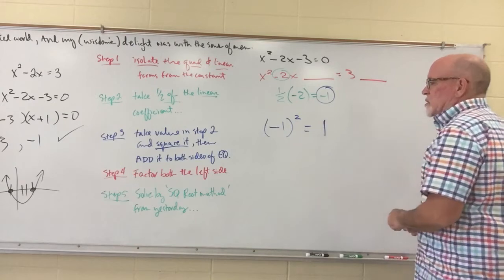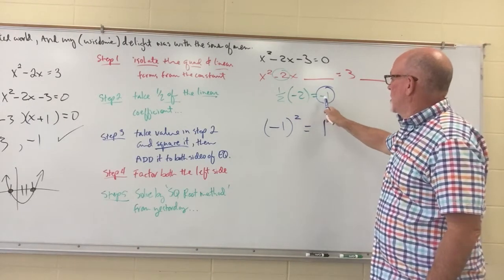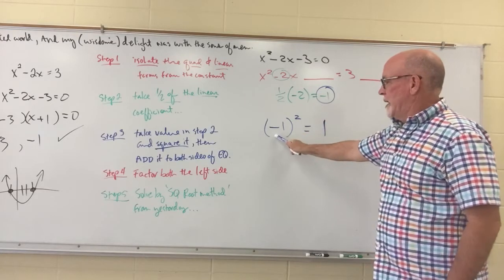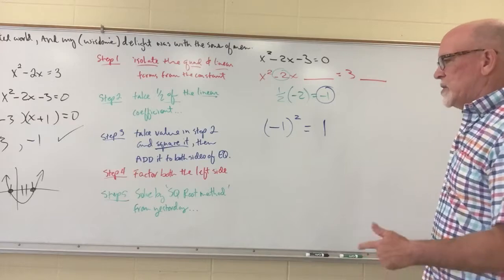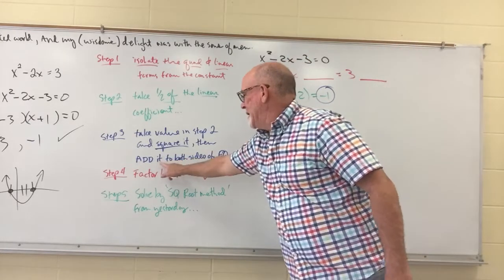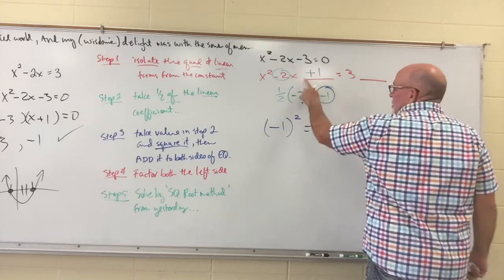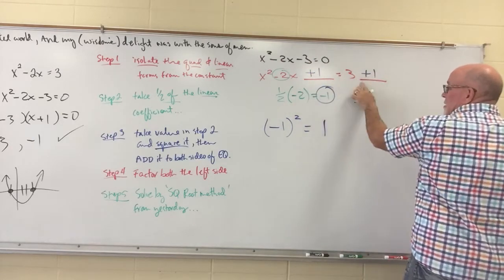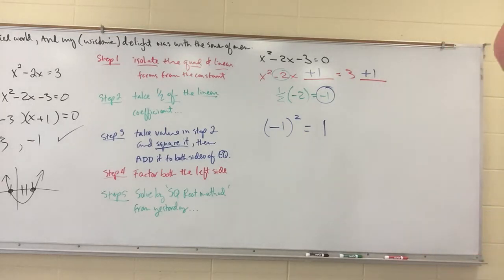Okay, so that's 1/2 of the linear term, -1. Then it's the -1 squared. So this is step 3 in blue. Then it says add it to both sides of the equation. So I'm going to add 1, that's what the blank was for. It's also what this blank is for. I'm doing it to both sides of the equation.